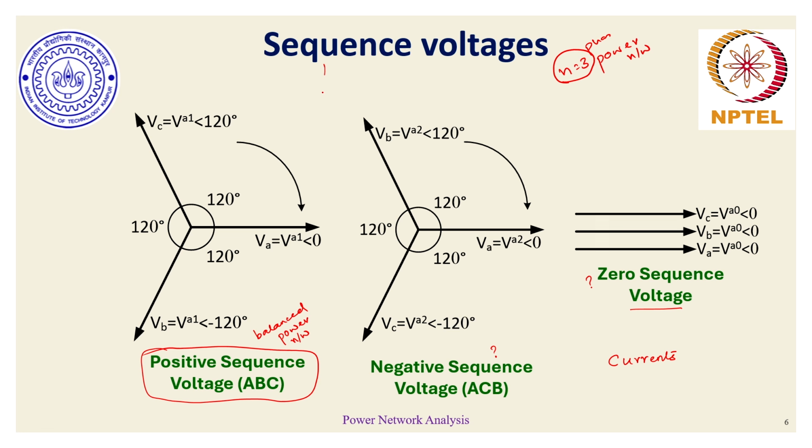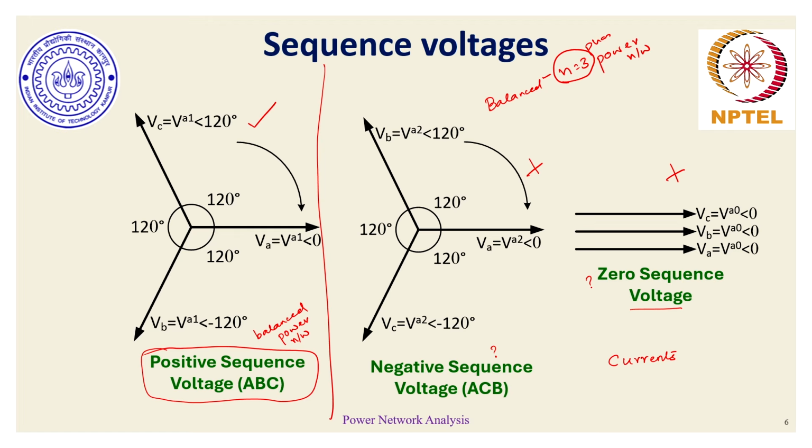As long as the system is balanced, we would have only the presence of positive sequence voltage. For balanced operation of this three-phase network, these components will never ever exist. Why? We will see that as we progress in these slides or in the next lecture slides.